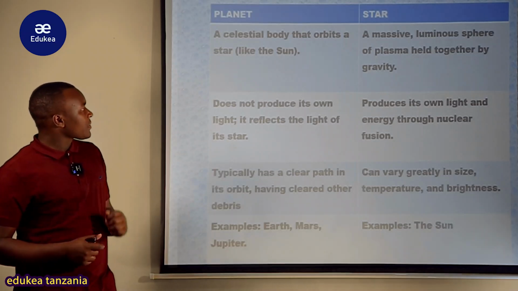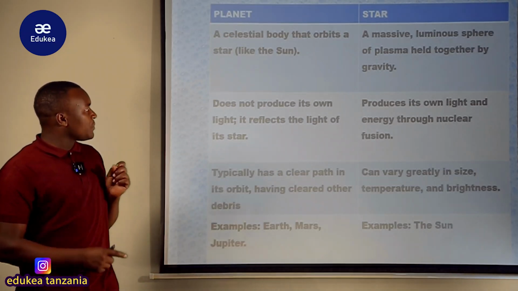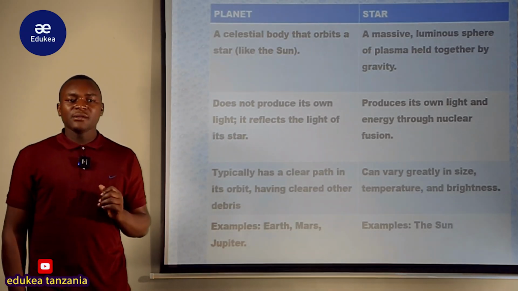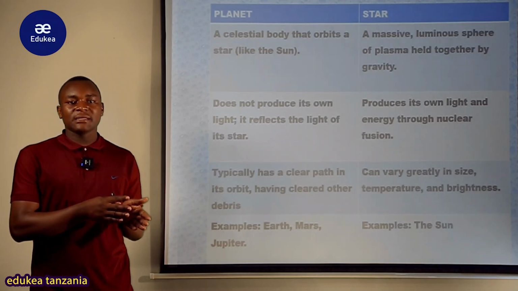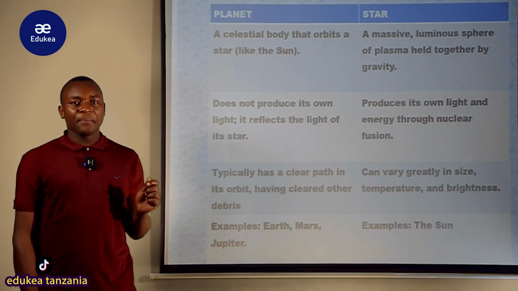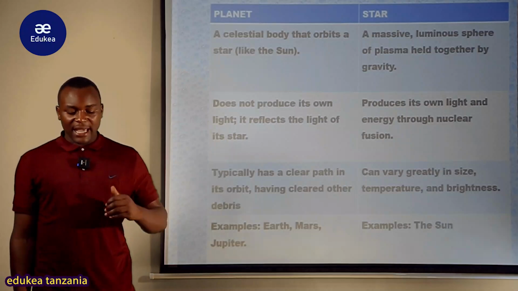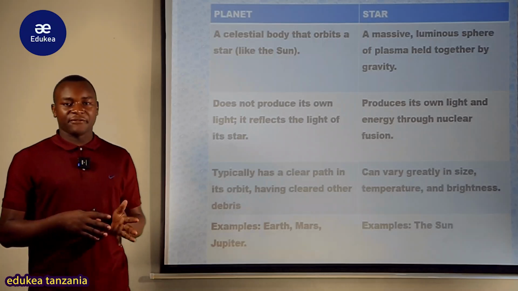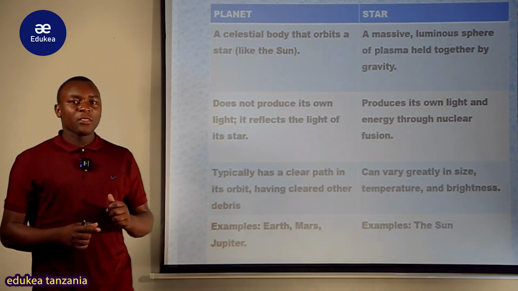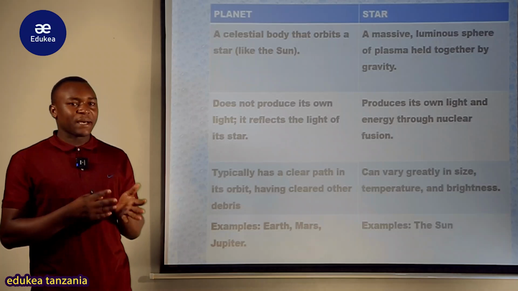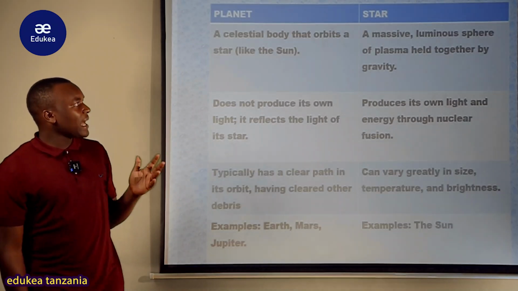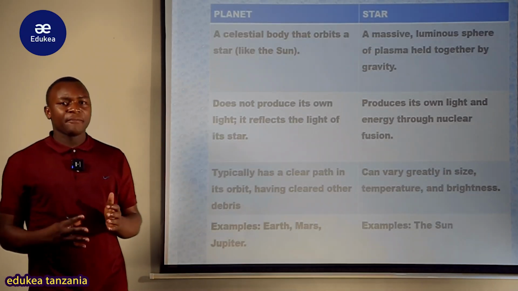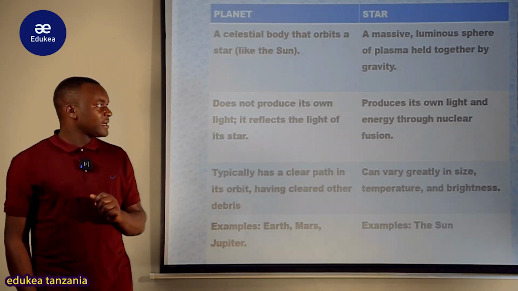A planet is a celestial body that orbits a star like the Sun. But a star is a massive, luminous sphere of plasma held together by gravity. That is a star.